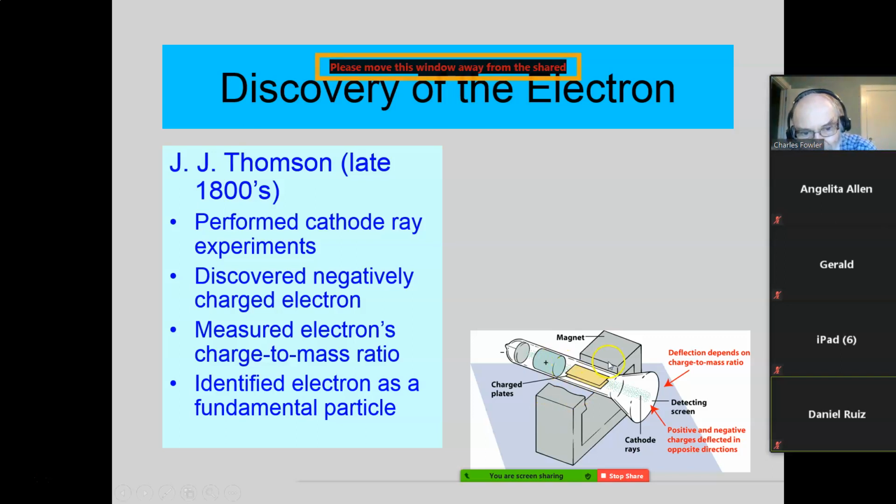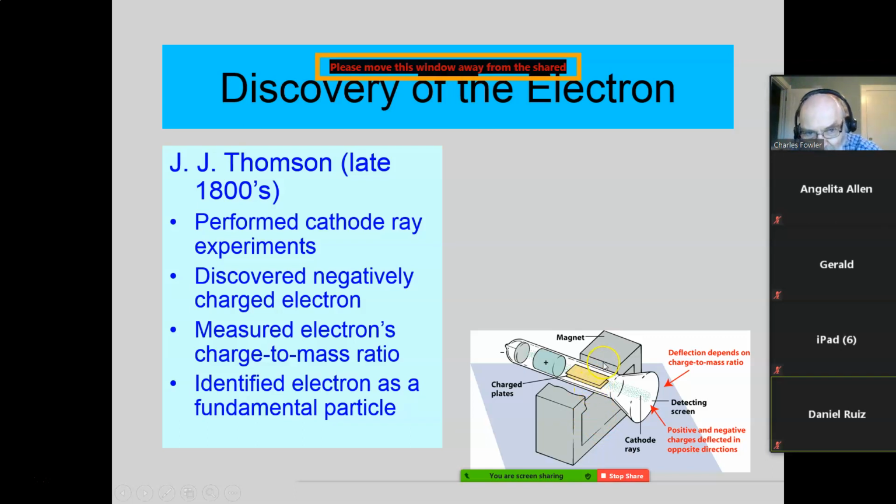So not only did they put it in the presence of a strong magnetic field going this way between the north and south pole of that strong permanent magnet, but he also had charged plates here. One of these plates was charged positive and one was negative. But these were parallel like this, so that the magnetic field was this way, the electric field was this way, going from the positive plate to the negative plate.